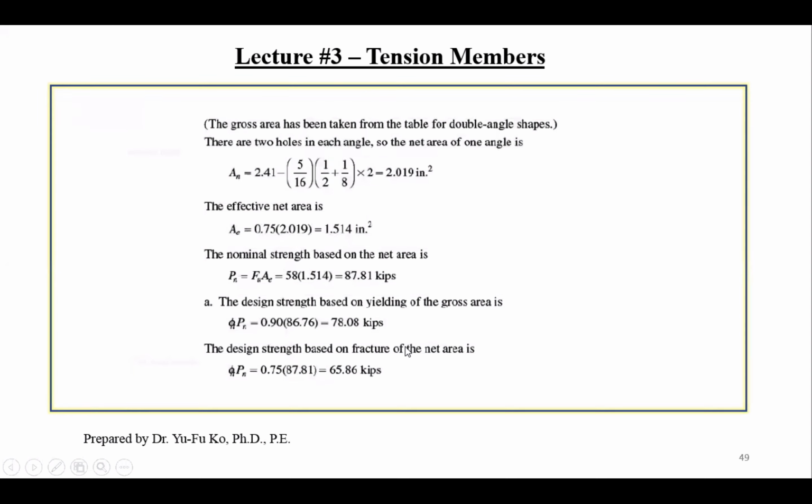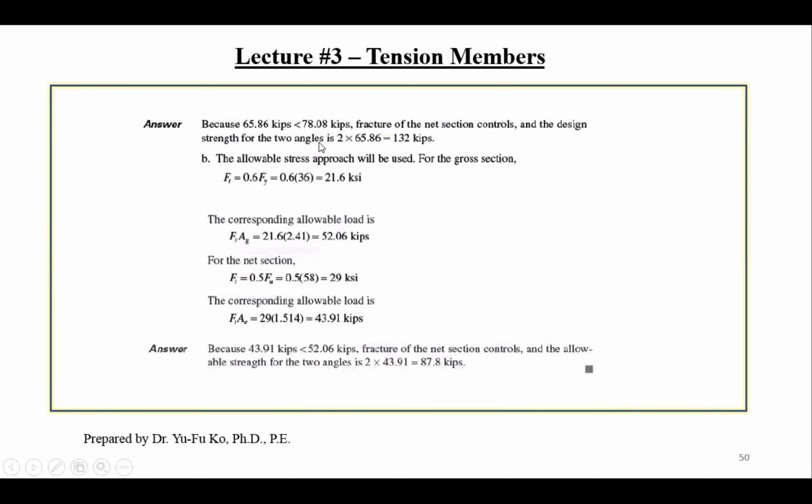So from this result, you can tell which one governs, which one will fail first. Fracture. Fracture, that's correct. So this is based on a single angle, but you need to double the result. So this one governs, so this one times 2, and this will be 132 kips. This will be the capacity per LRFD for this member.